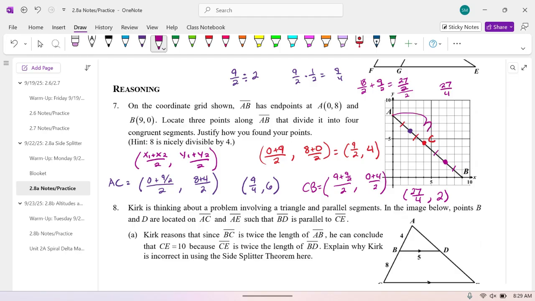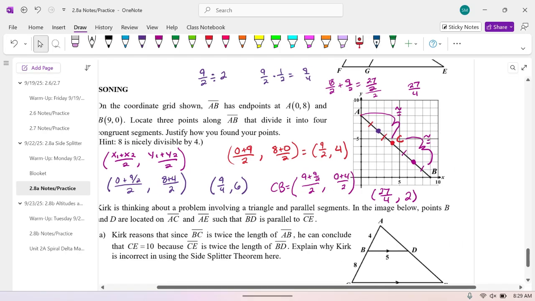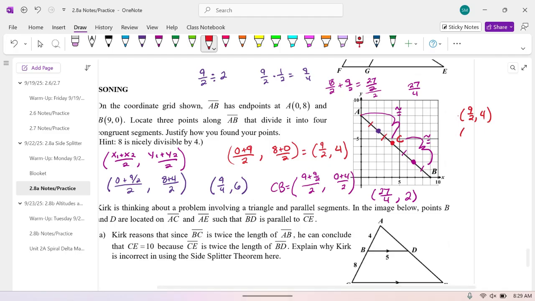And since we know that these two segments were originally congruent, that means that all 4 of those little segments have to be congruent. So the 3 points that we can add are all of our midpoints. So it would have been 9 over 2, 4. 9 over 4, 6, and 27 over 4, 2.